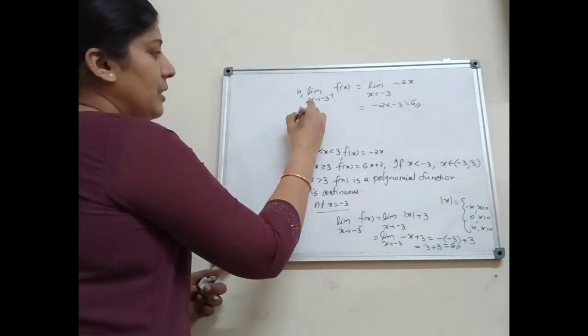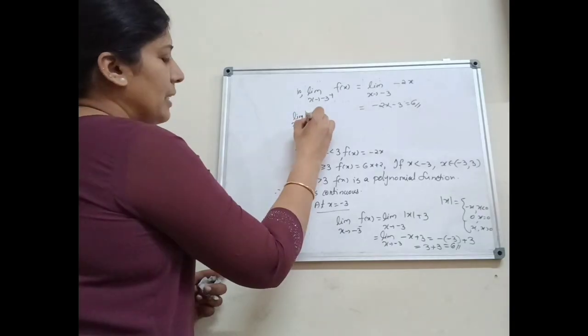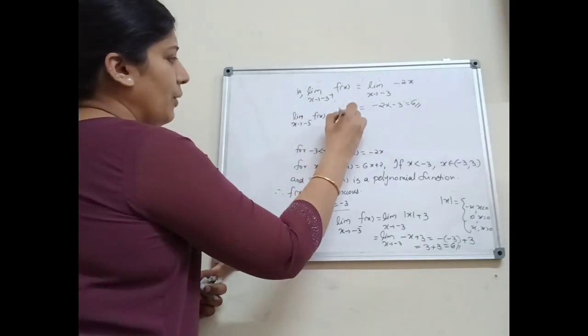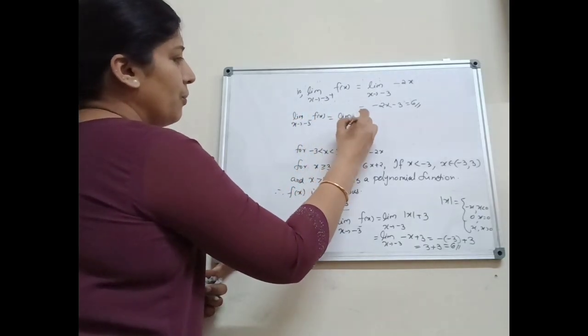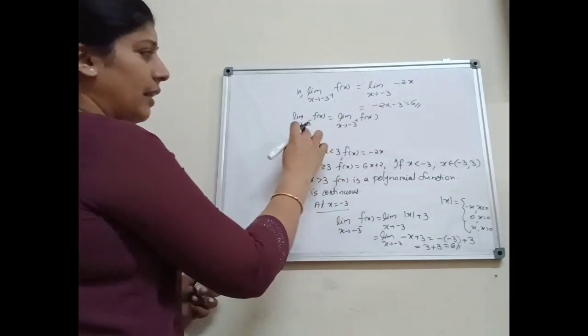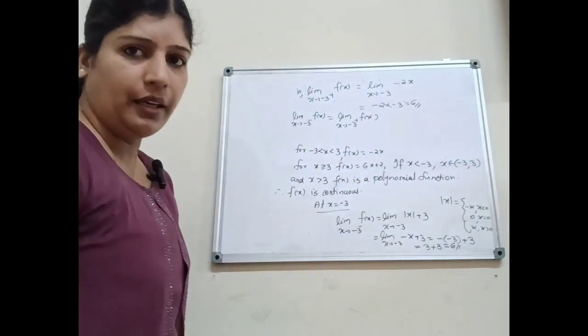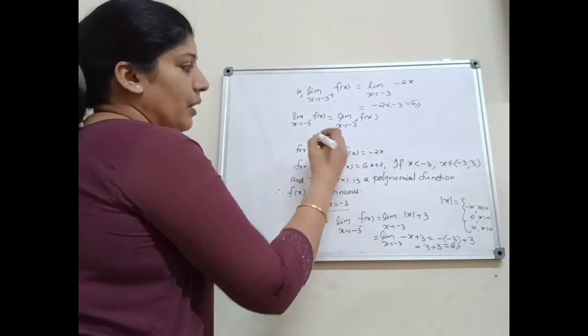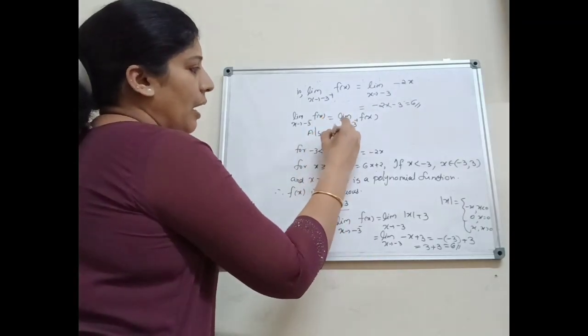Here, the limit as x tends to minus 3 minus of f of x equals the limit as x tends to minus 3 plus of f of x, so the left hand limit and right hand limit are equal. Next we consider f of minus 3.